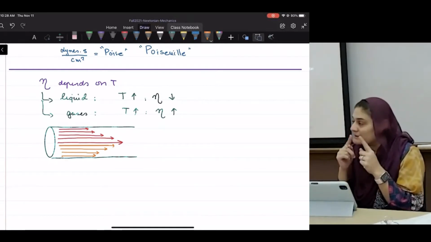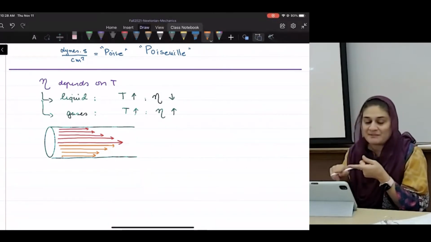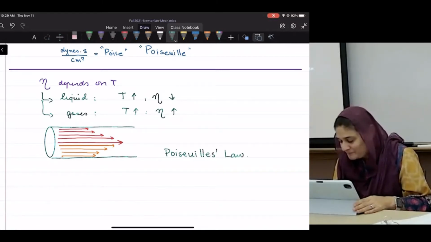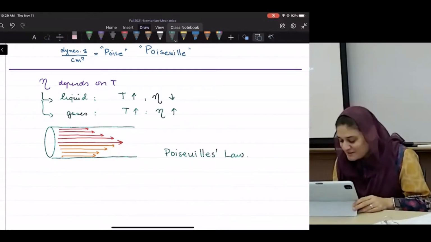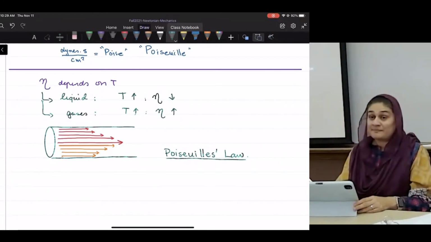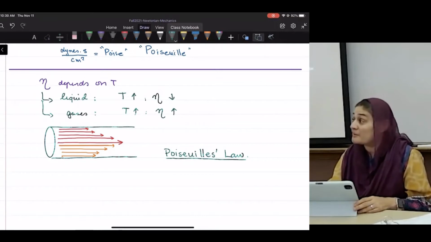And a lot of work was done by the same guy, Poiseuille. You can spell it. So his law, and he worked a lot on this, and this was all done experimentally.